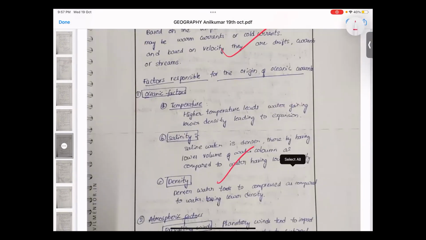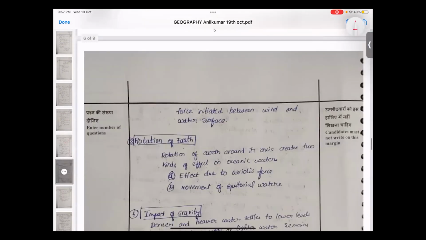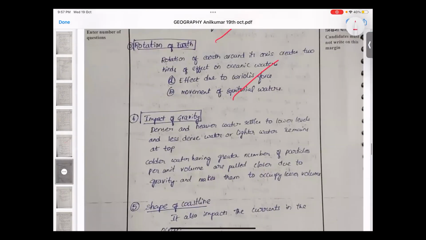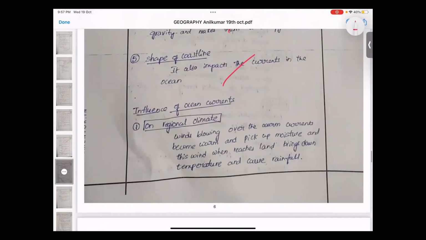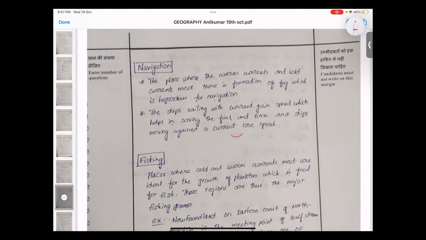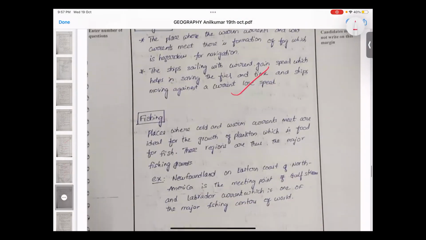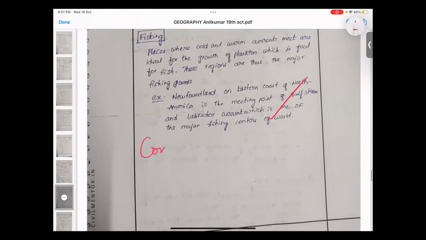I am 100% sure 80% of you must have written what Anil has written. Yes or no? Yes, sir. So the conclusion is missing.